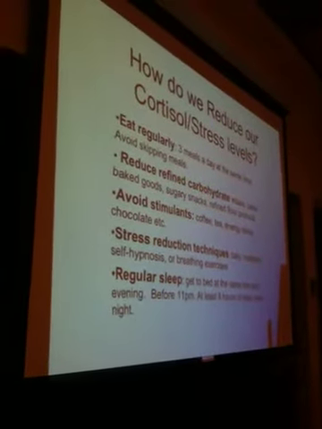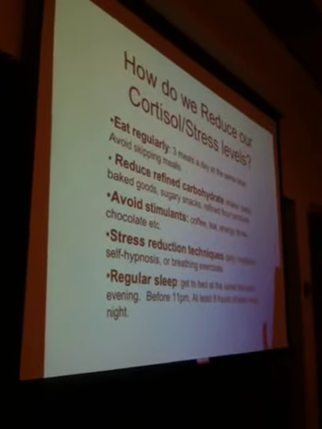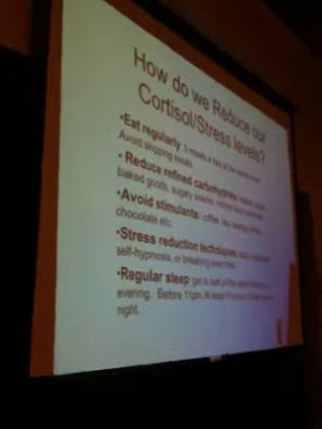Some of the most important things are eating regularly. So eating 3 meals a day, eating at approximately the same time every day, and not skipping meals, because when we skip meals, our blood sugar goes down, and that's a trigger for cortisol getting released into the system.